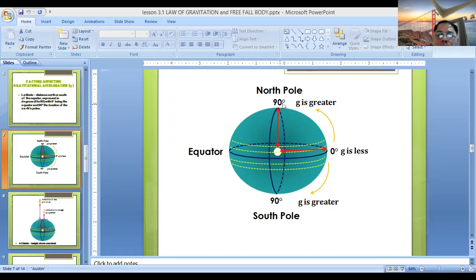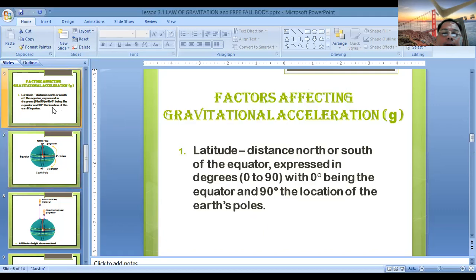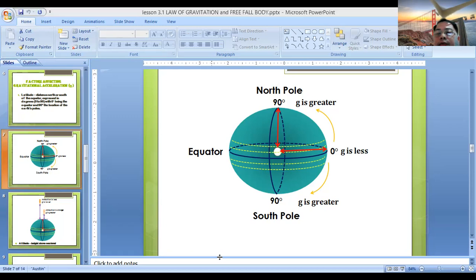So the north and south poles will have a greater gravitational acceleration. I hope you got that correction. With regards to latitude, there is greater gravitational pull on the north and south poles than on the equator of the Earth. So I hope we clarified.